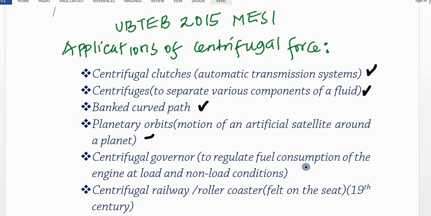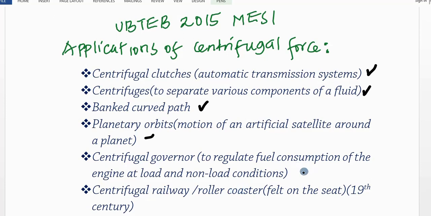Likewise, at load conditions, the engine speed is low, which means the centrifugal force acting on the fly balls is also low, and for that matter, this pushes the link that connects the throttle valve down, thereby opening the throttle valve and increasing the amount of fuel going to the engine. And that's how a centrifugal force is applied in a centrifugal governor to regulate the amount of fuel consumption, thereby regulating the speed of the engine at load and no load conditions.